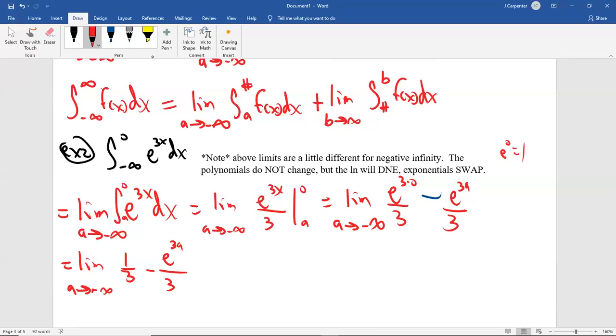And when you have a negative exponent, you flip it, so now you're dividing by a really big number, which makes it really, really small. This is 1/3 minus 0. The limit as a goes to negative infinity of e to a positive term is actually 0, because e to the negative infinity will go to 0. 1/3 minus 0 is 1/3. There we are.